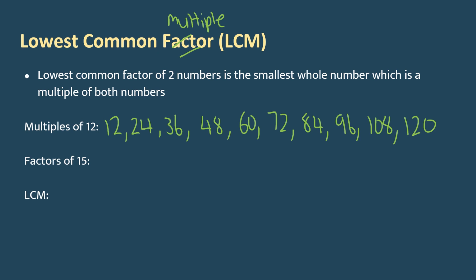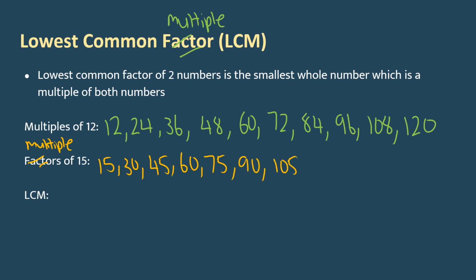Now we're going to find the first 10 multiples of 15. So it's 15, 30, 45, 60, 75, 90, 105, 120, 135, and 150.